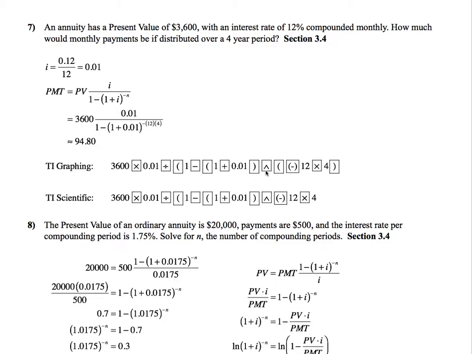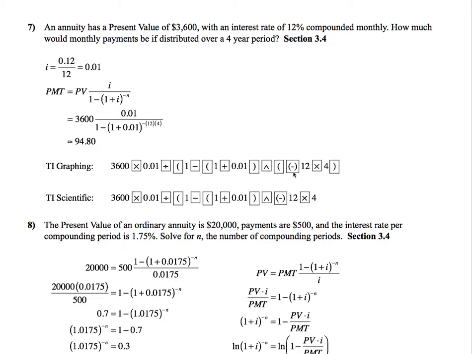And for the graphing calculator, I need a left parenthesis right here before I type the negative sign key. Now, I'm sure you're aware of this, but I just want to emphasize this key here is not subtraction. This is the sign change key, and it's at the very bottom of the keypad for every TI calculator I've ever seen.